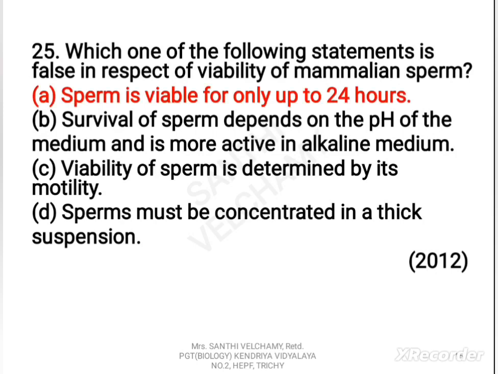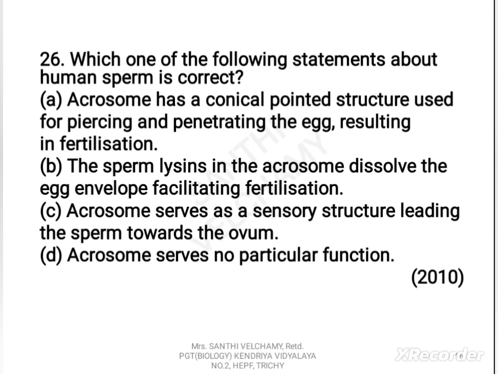Now next question. Which one of the following statements about human sperm is correct? A, acrosome has a conical pointed structure used for piercing and penetrating the egg, resulting in fertilization. B, sperm lysins in the acrosome dissolve the egg envelope, facilitating fertilization.